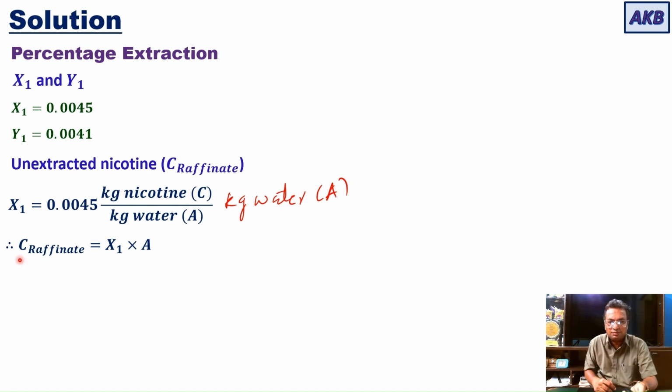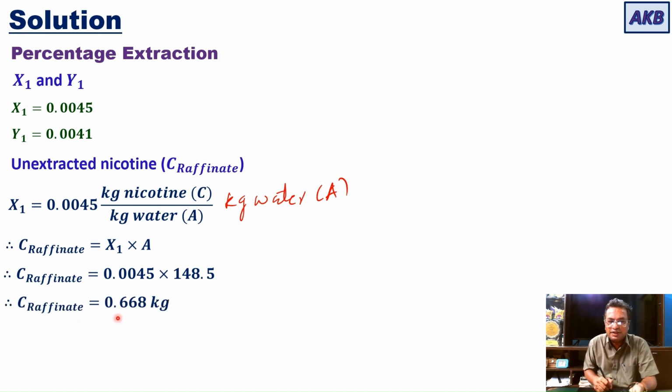So C raffinate is equal to X1 into A, that is 0.0045 into 148.5. That gives me C raffinate as 0.668 kg. So 0.668 kg nicotine is in the raffinate, and this is unextracted nicotine.